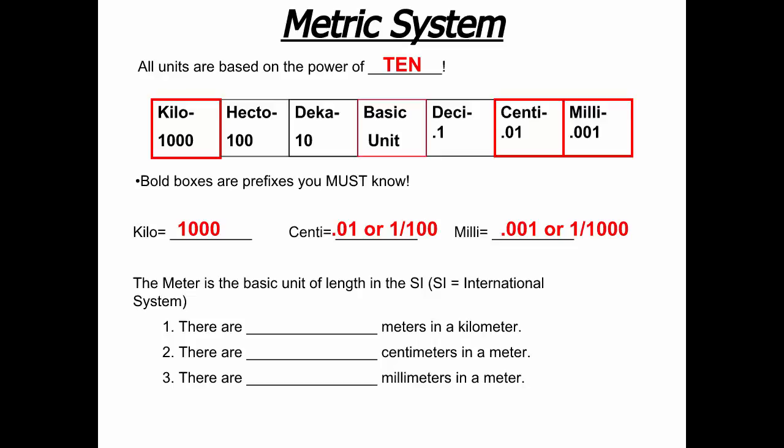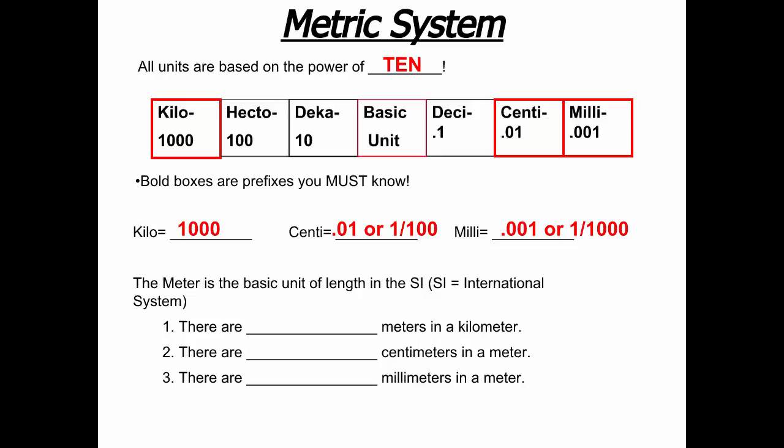Right 1. Kilo to base unit? Right 3. Kilo to centi? Right 5. Kilo to milli? Right 6. So by understanding that pattern, we can simply move decimals left or right, adding zeros as necessary, to convert from one unit to another.